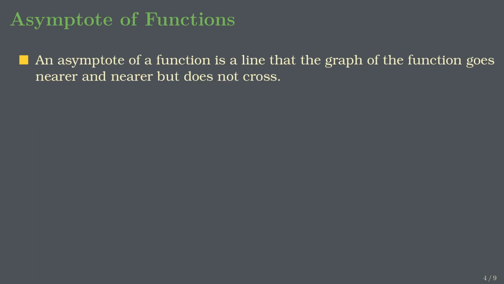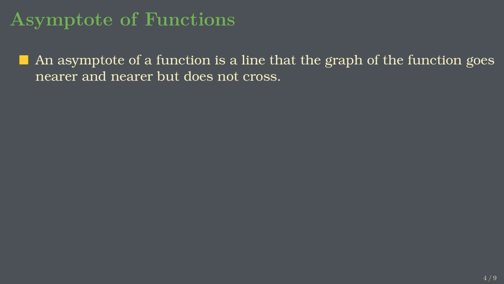Now we talk about asymptotes of functions. An asymptote of a function, or of the graph of the function, is a line that the graph of the function goes nearer and nearer, closer and closer to, but does not cross.